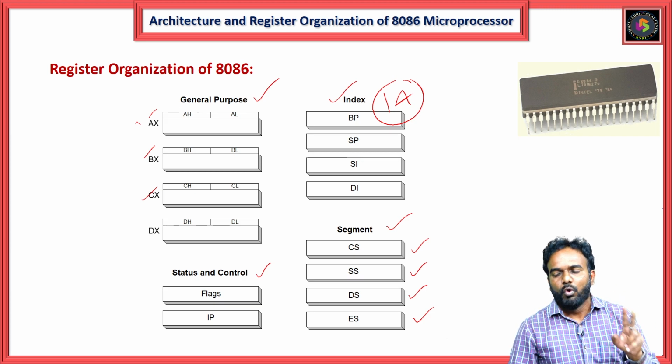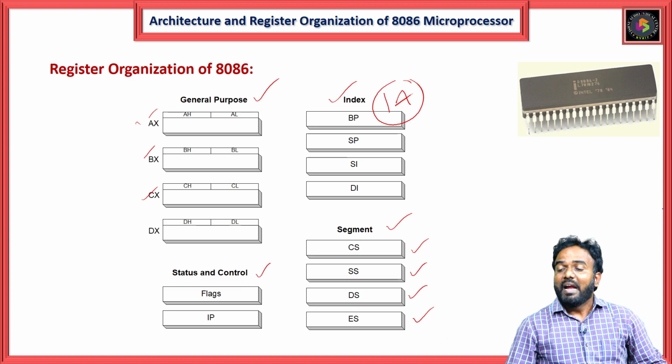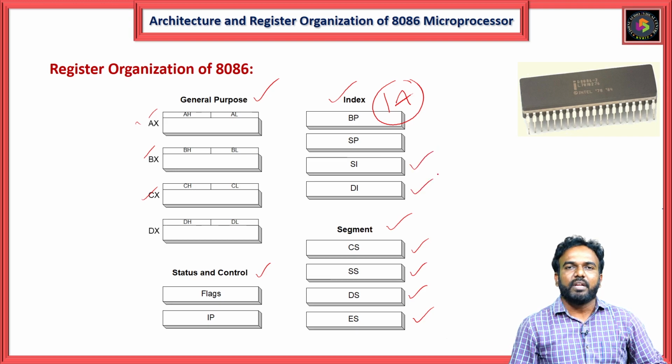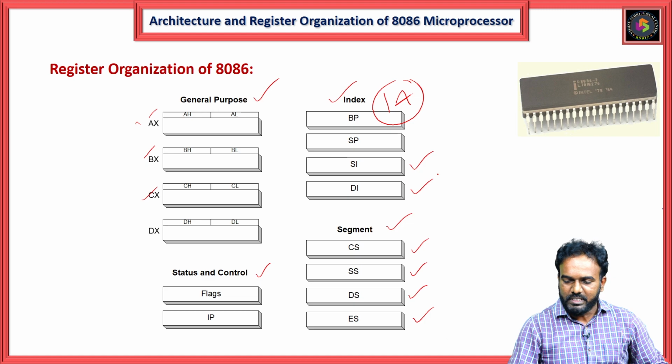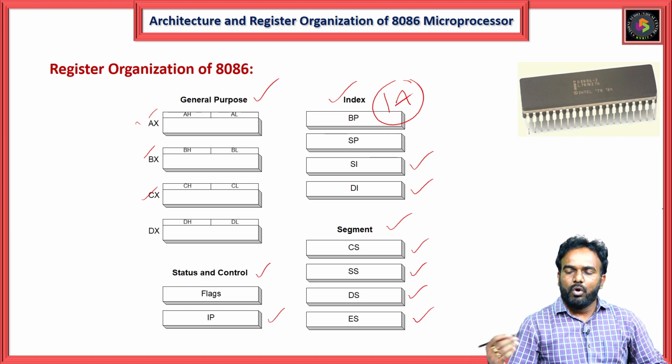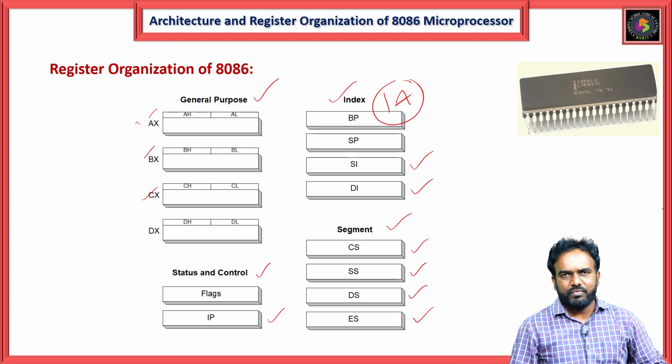The base address is held by the segment registers. At the same time, the offset address is held by the base pointer, stack pointer, source index and destination index, and of course the instruction pointer. These registers can hold data like offset address values.